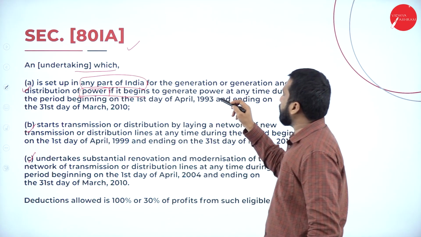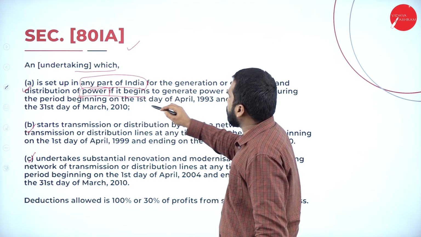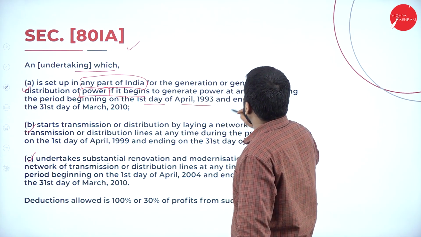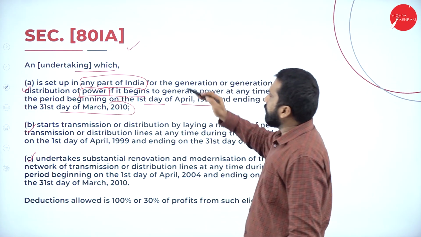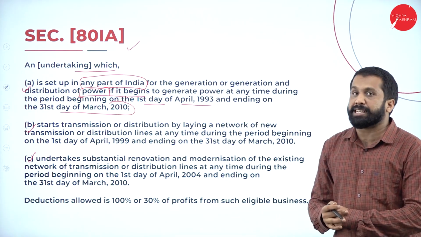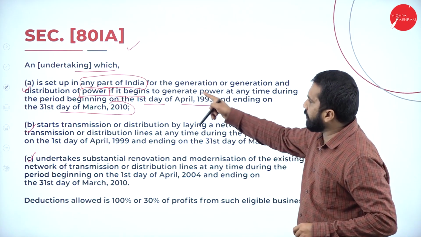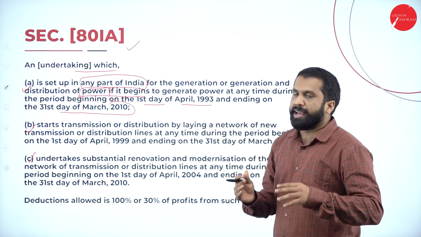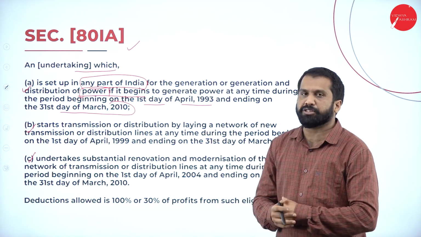If it begins to generate power at any time during the period beginning on the first day of April 93 and ending on 31st day of March 2010. So this is applicable section 80IA, not now, it is earlier. From 93 to 2010, any power generation happened, for them they have given deduction.